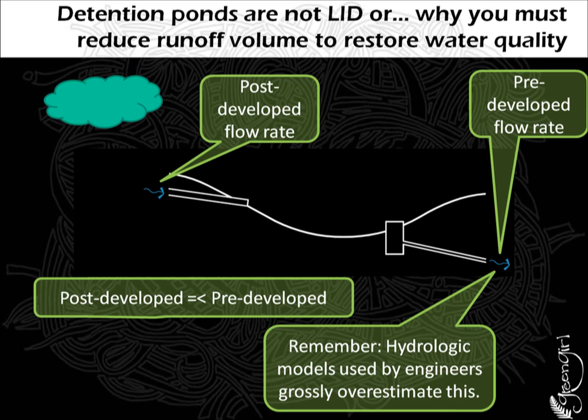This model that I'm giving you also grossly overestimates the runoff, but it matches what you're expected to use for modeling stormwater, and we'll talk about what that model is in a second.